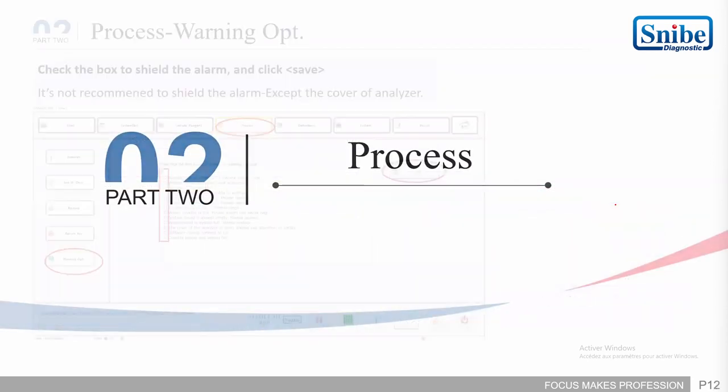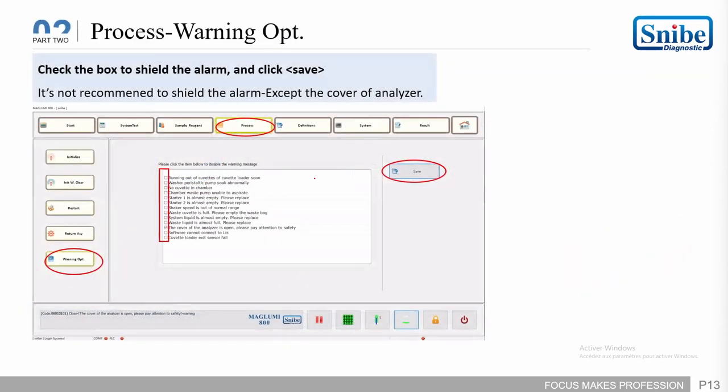Then we will see the interface process. In the interface process, we have many other functions. Firstly, we have the warning options. The warning options are some error messages that the end user can disable.